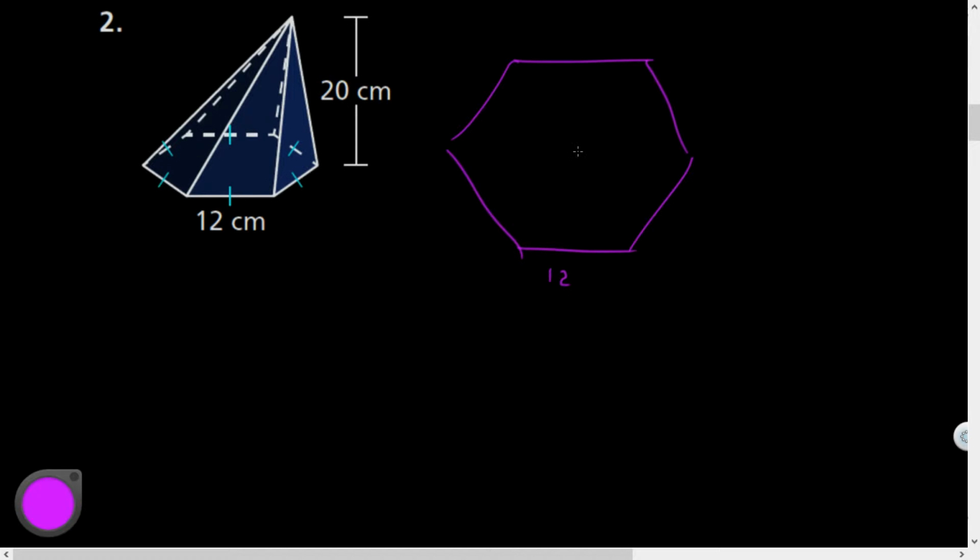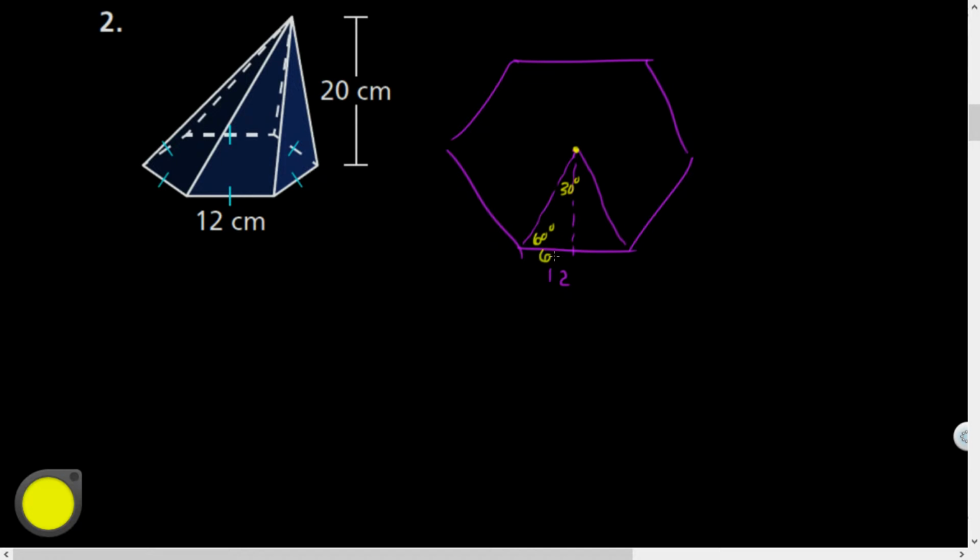So if this is 12, to find this I need the apothem. In a hexagon, the central angle is going to be 60, so 30 is going to be that. Oh, it's a 30, 60, 90.